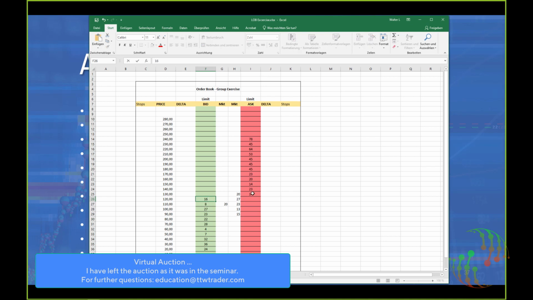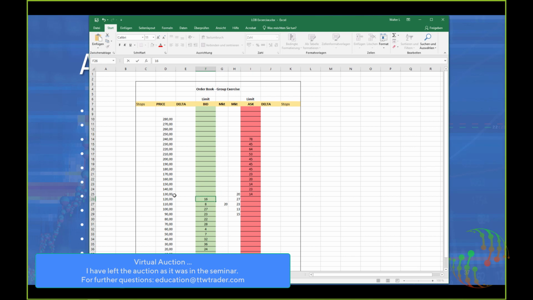So we are trading 130 and 120, 14 at 130. Is anyone willing to buy 14 contracts for 130? And I'm willing to buy at a lower price, 120, 16 contracts here, and I'm selling 14 for 130. So is anyone willing to trade with me on either the buy or offer side?